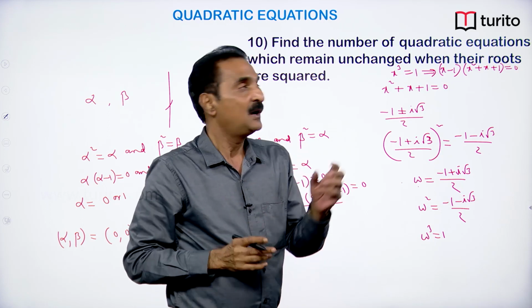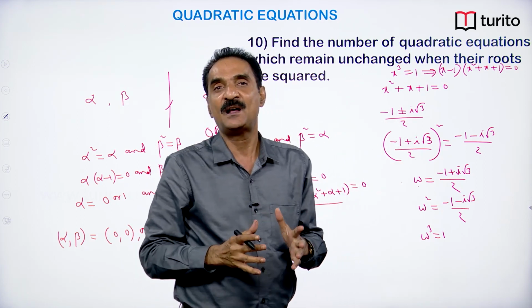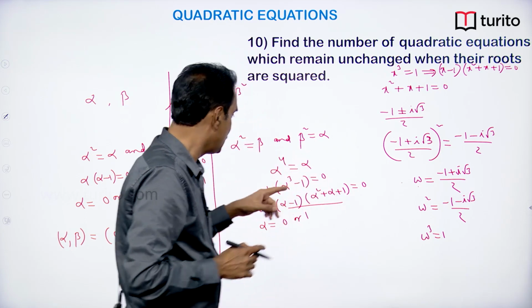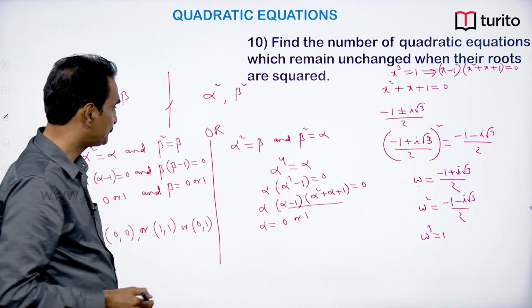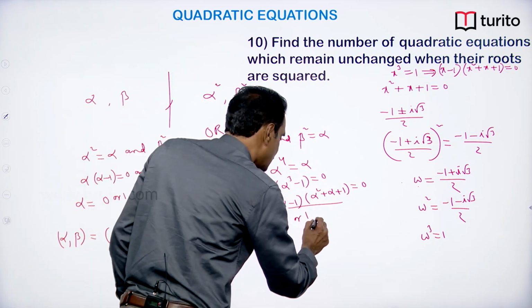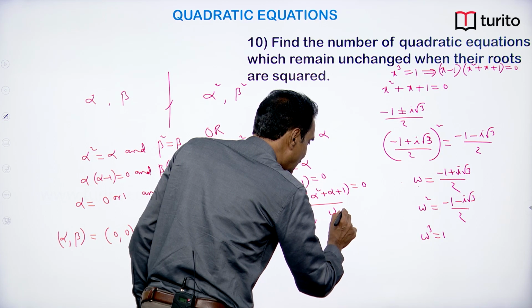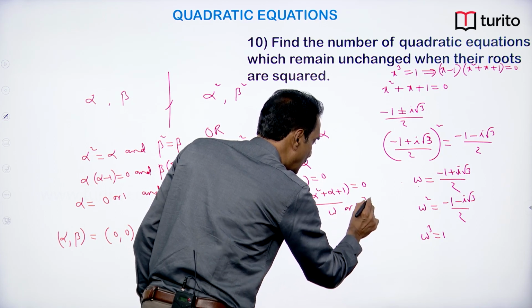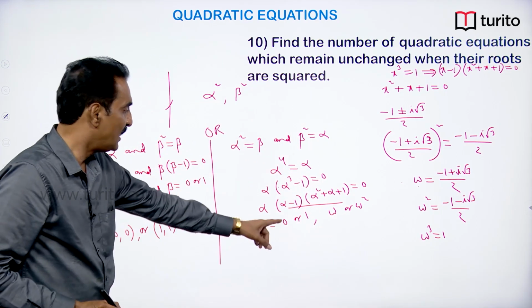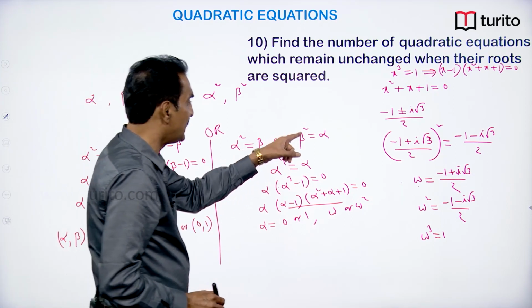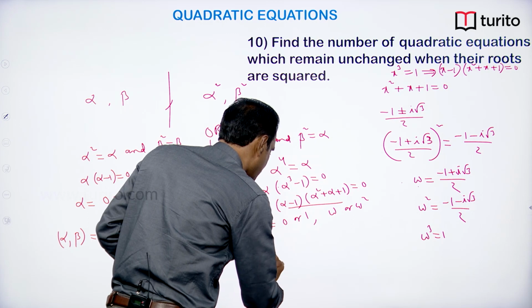So, totally 1, omega, omega square are called cube roots of unity. Okay. Now, coming to this, we got alpha is equal to 0, 1 or omega square.